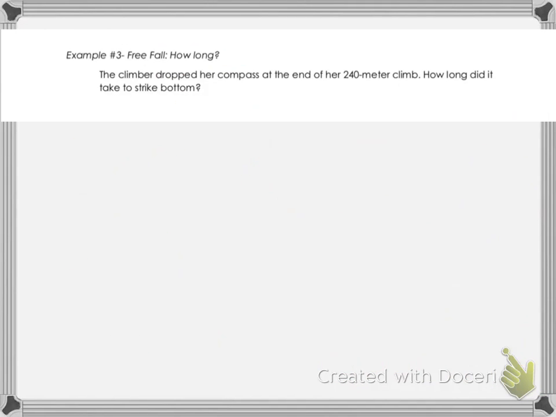The final example I'm going to show you is how long. Now remember, how long, I'm not talking about a distance, I'm talking about a time. So I'm looking for delta t here. So here's my problem. The climber dropped her compass at the end of her 240 meter climb. How long did it take to strike the bottom?